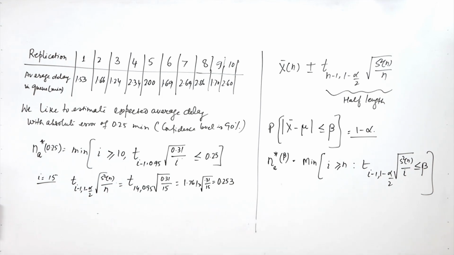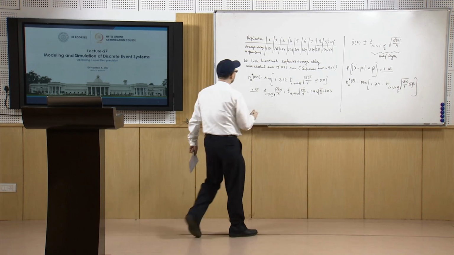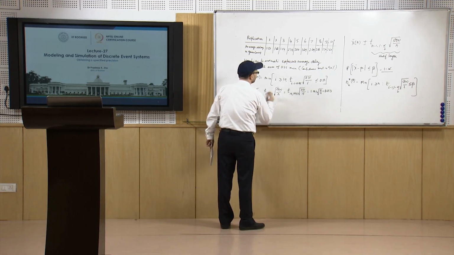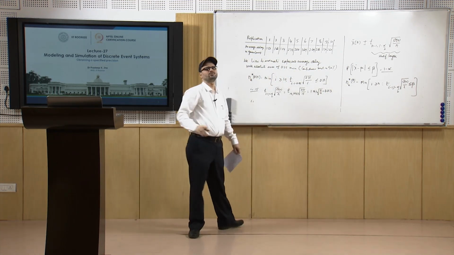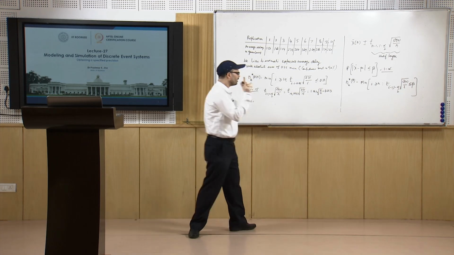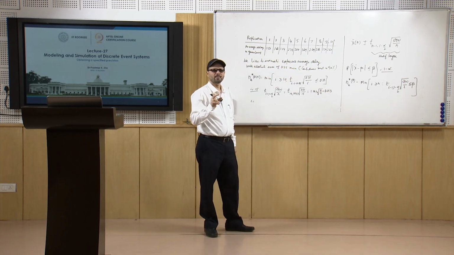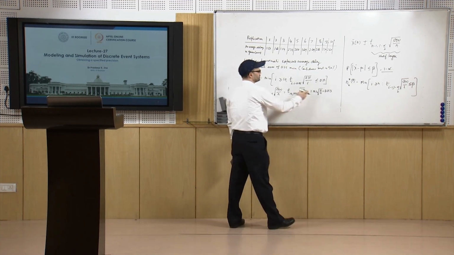So, if you go to 16, it will be lesser. It is not still 0.25, it is 0.253. So, if you go to 16, it will be just below that.